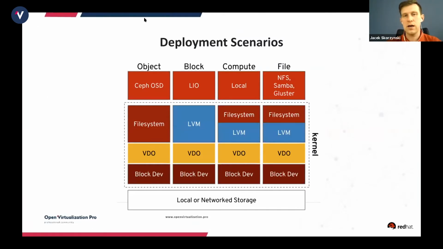And having just this picture, it allows us to see that everything above VDO could be just a pure file system. It could be LVM, thin LVM, cache, or whatever we want, even encryption. But VDO itself should be as close to the block device as possible.